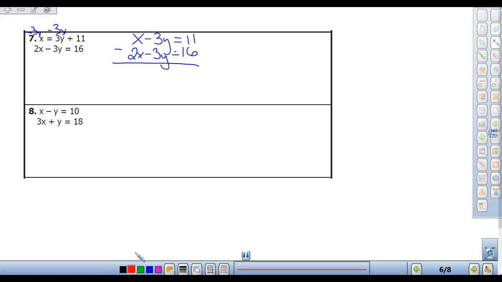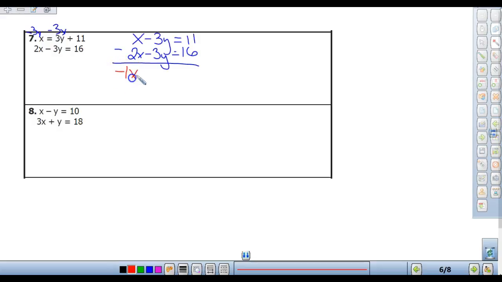Anytime you have the same sign, so if it's negative and a negative, you're going to have to subtract them to get them to cancel. Anytime you have opposite signs, like a 4 and a negative 4, you're going to add them to get them to cancel. So I think my S's always go together. Same sign, subtract.